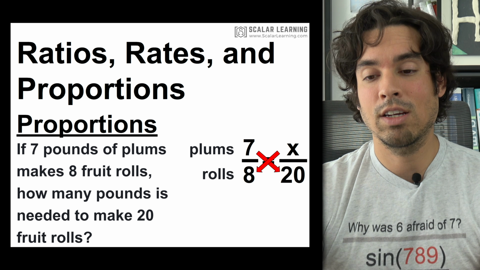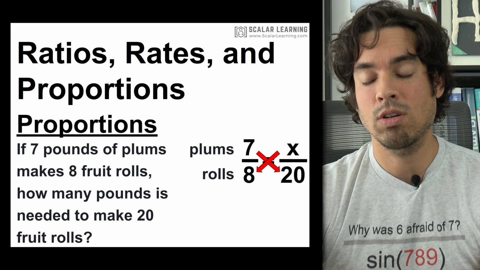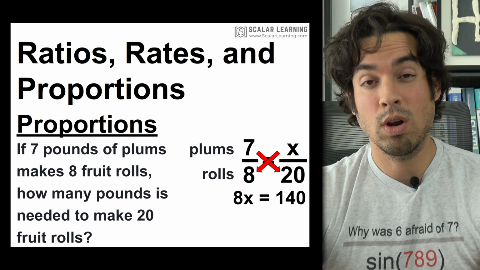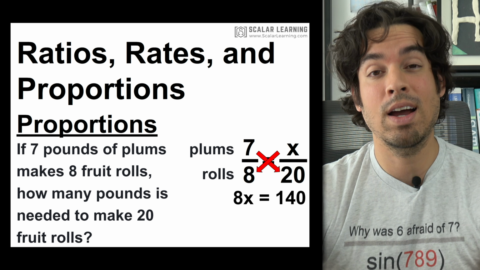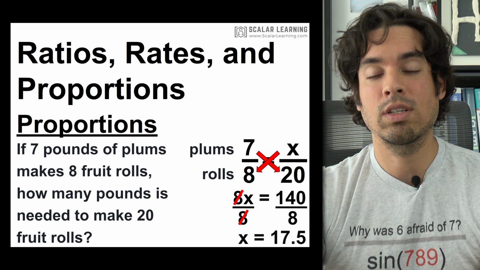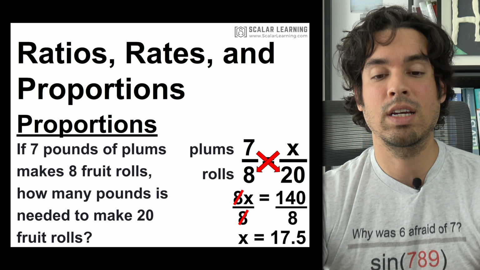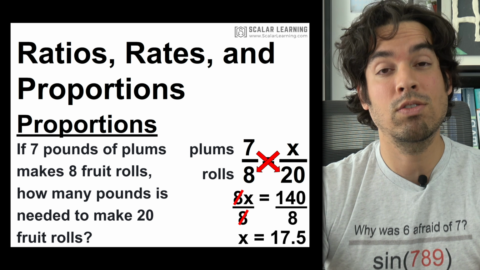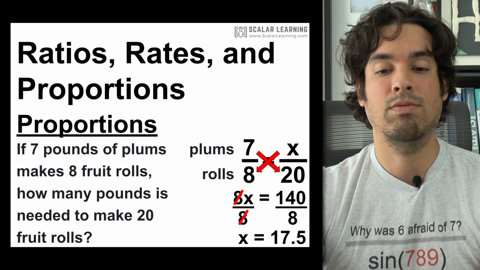So then the X jumps down and the 7 jumps across and down, and we get 8X equals 7 times 20, which is of course 140. Last but not least, we divide both sides by 8, and I get X equals 17.5. So the answer is it takes 17.5 pounds of plums to make those 20 fruit rolls.